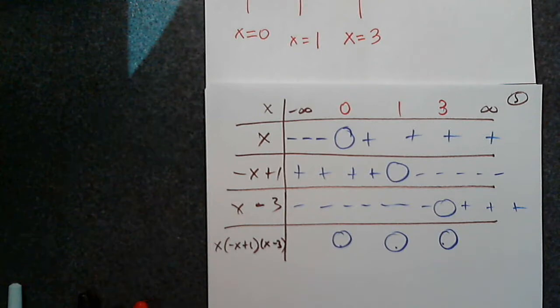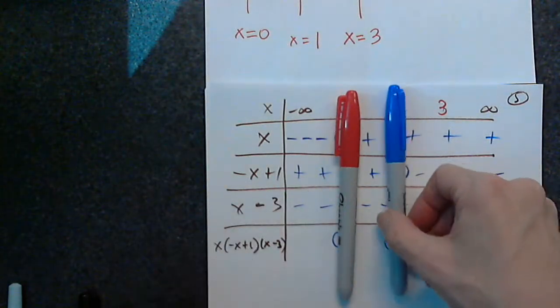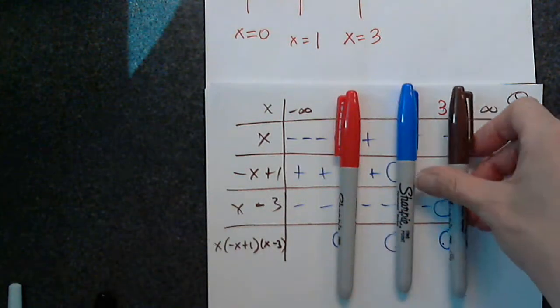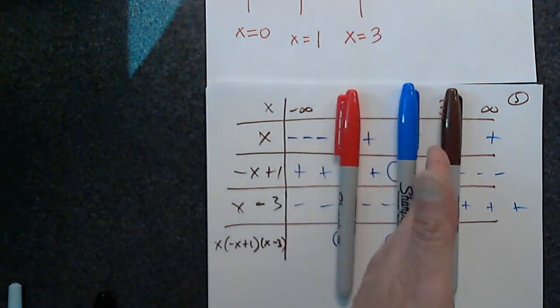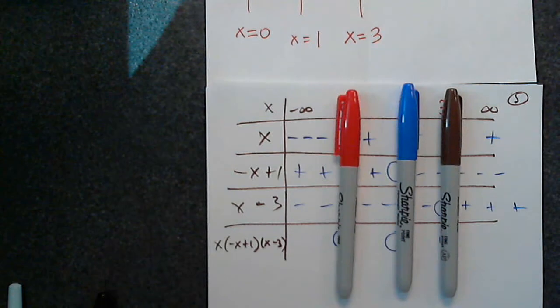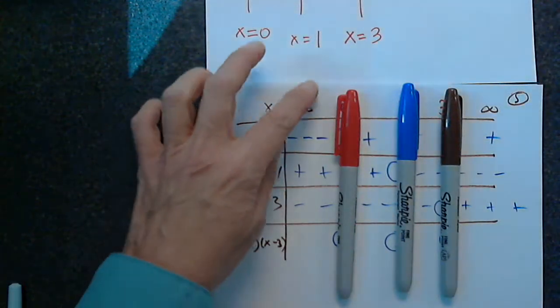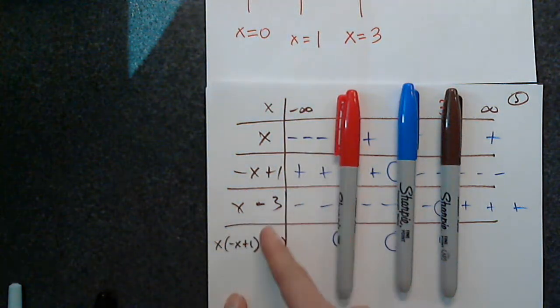Now notice one thing. We have how many subintervals? 1, 2, 3, 4. 4 subintervals. In the first subinterval, the first is negative, the second is positive, and the third is negative. I need the sign of the product.